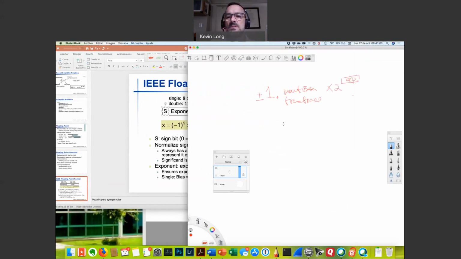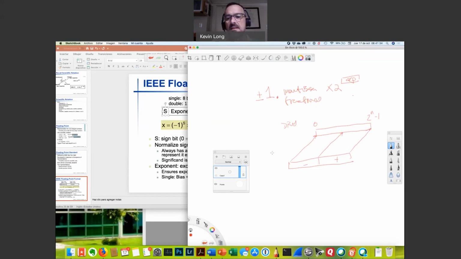And if you remember, we used a bias to take our exponent, which would be sometimes negative and sometimes positive, and map it into a representation of 0 up to however many values we have for the bits. We are basically mapping all of our numbers over to here by adding something to them.